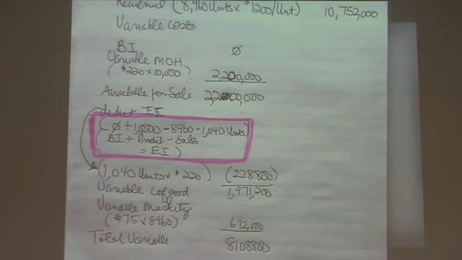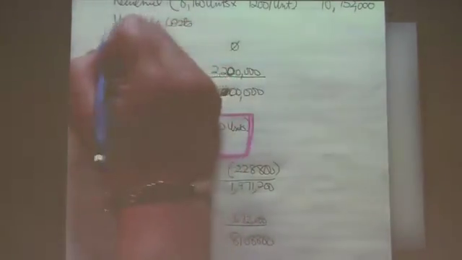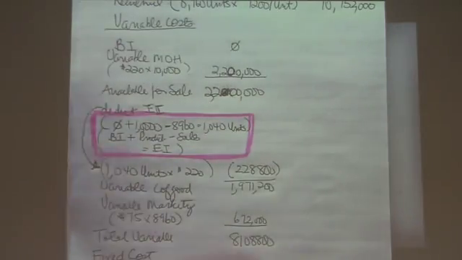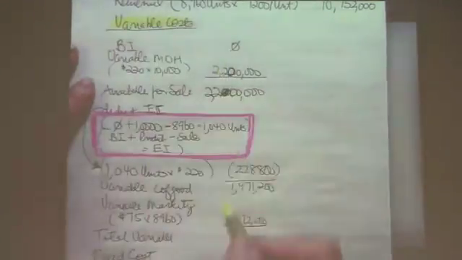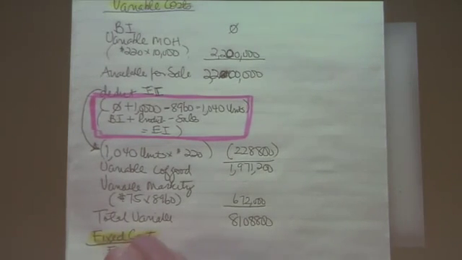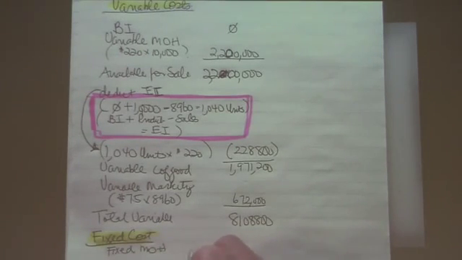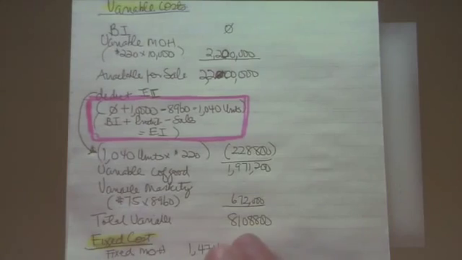Okay? Now, we're going to take a look at the fixed costs. What are my fixed costs? Well, first of all, I've got fixed manufacturing overhead. That was given to us: 1,471,680.